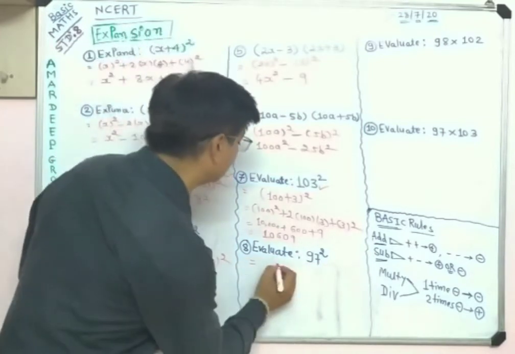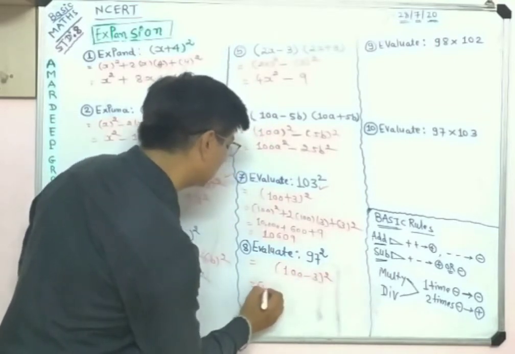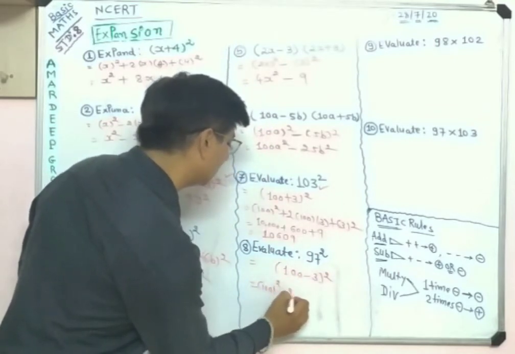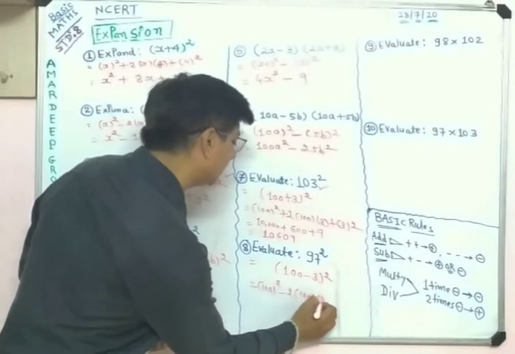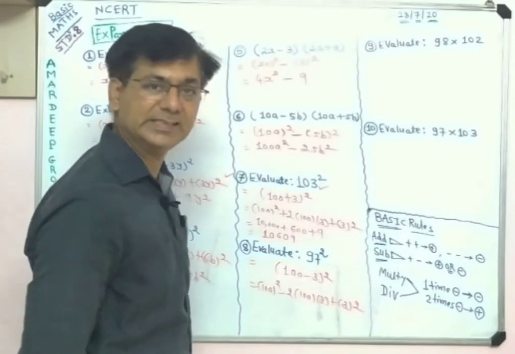97 squared is (100 minus 3) whole square. Put the previous rule of square and then simplify these terms.